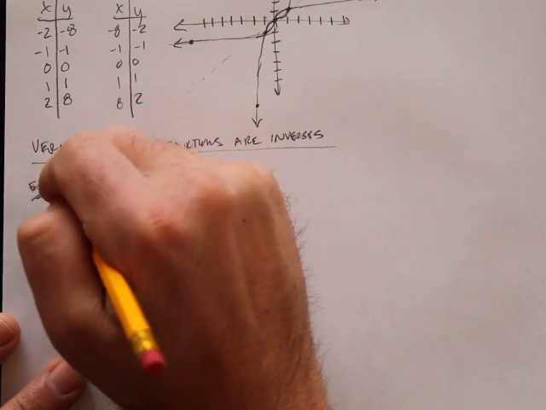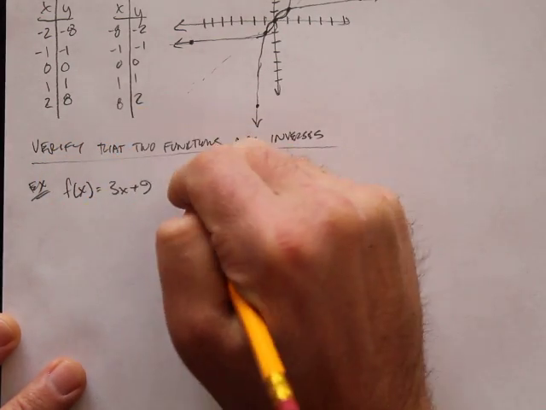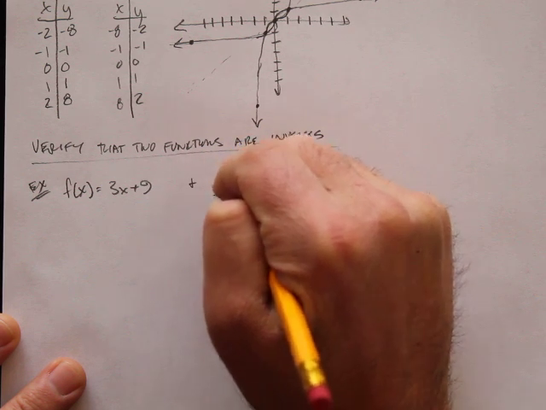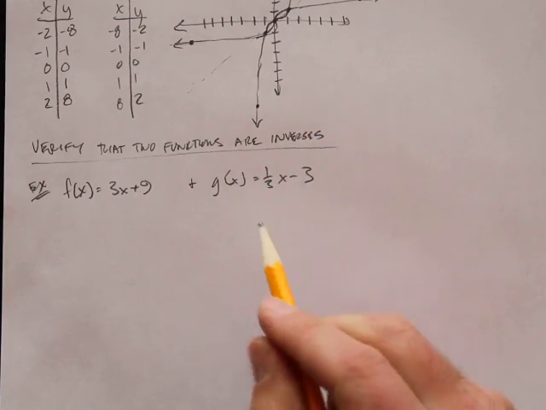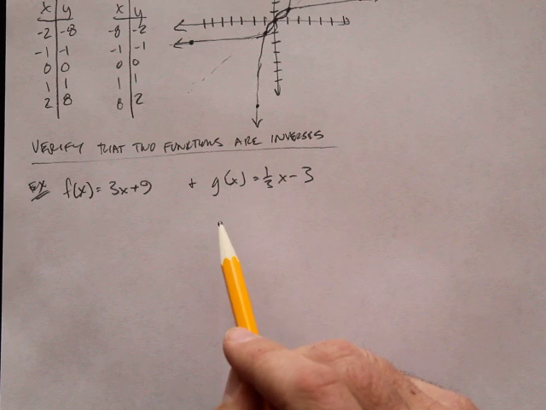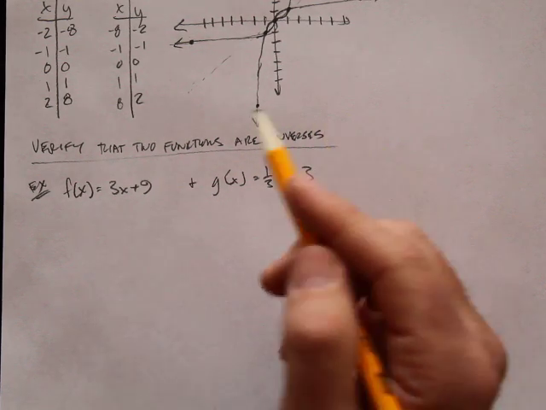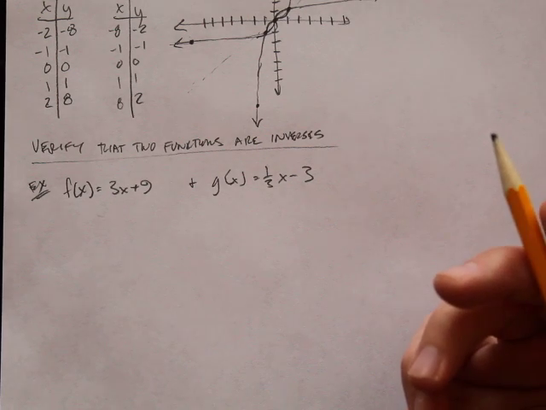We're just going to do this one example. F of x equals 3x plus 9, and g of x equals 1/3 x minus 3. So we're just going to find out whether these two are inverses of one another. And the way to do that is just to find the inverse of one of them and see if they match when you're all done.